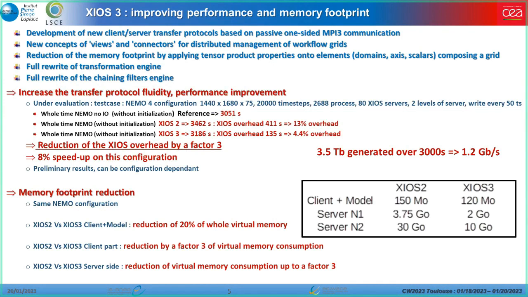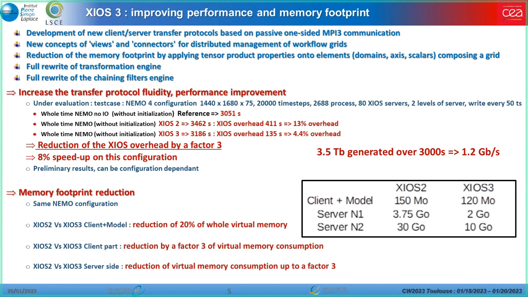So the XIOS overhead has been decreased by a factor of 3. That means directly an 8% speedup on this configuration. Of course it will not be the same for every configuration because it strongly depends on the IO you put in it. But it's a very encouraging result.